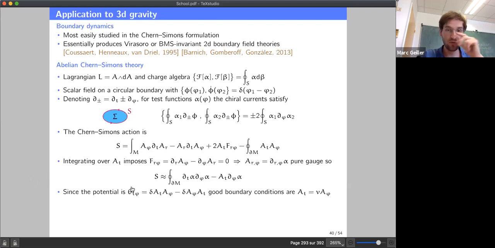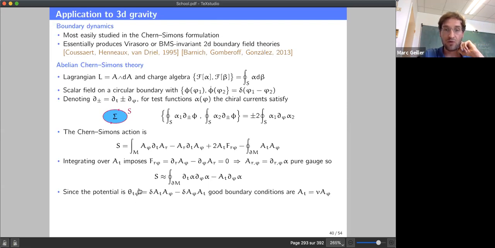So to see this, we have to look at the symplectic potential, for the boundary conditions, evaluated on the boundary of this solid cylinder. So the boundary is parameterized by t and phi. So we look at the t phi components of the symplectic potential.